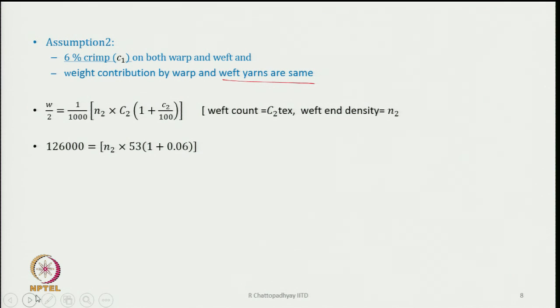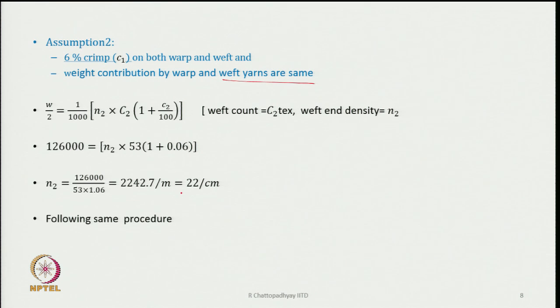So, we solve this and find out the value of N2, which is 22 per centimeter, and the same procedure we adopt to find the value of N1, the warp end density, which is going to be 37 per centimeter.